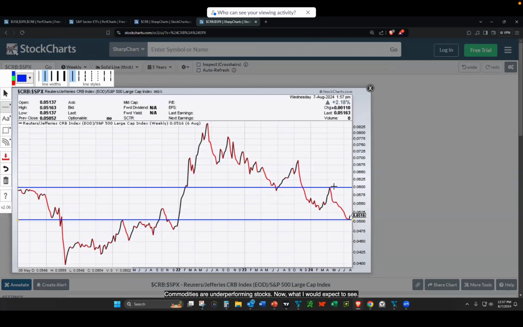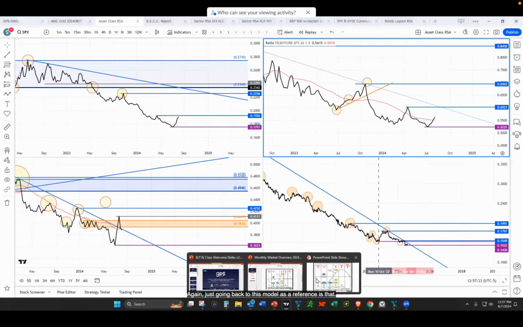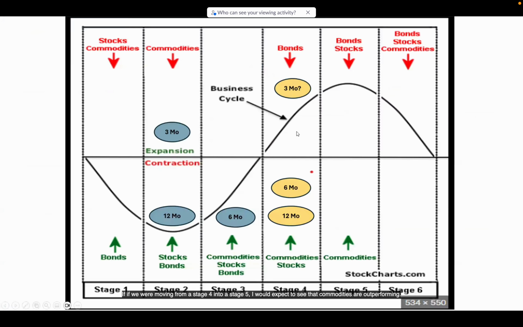Now, what I would expect to see, going back to this model as a reference, is that if we were moving from a stage 4 into a stage 5, I would expect to see that commodities are outperforming stocks.